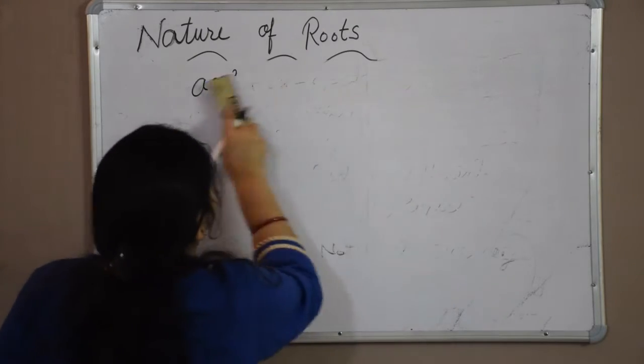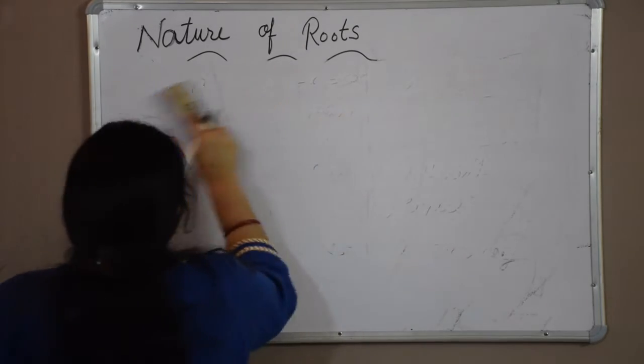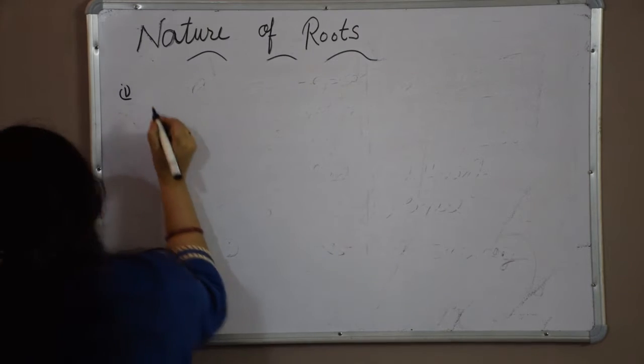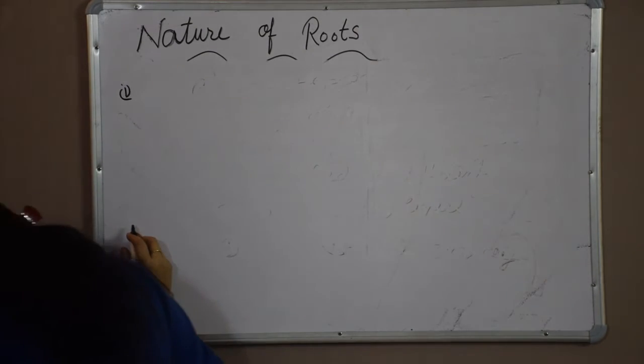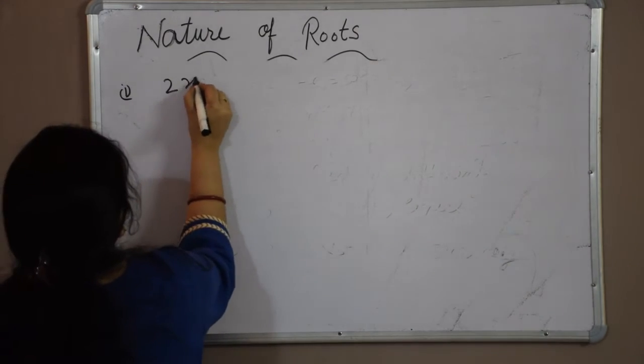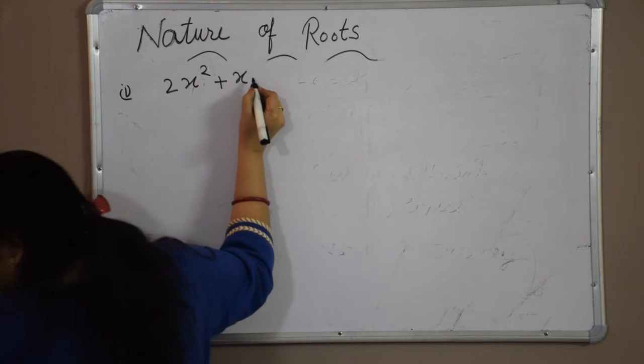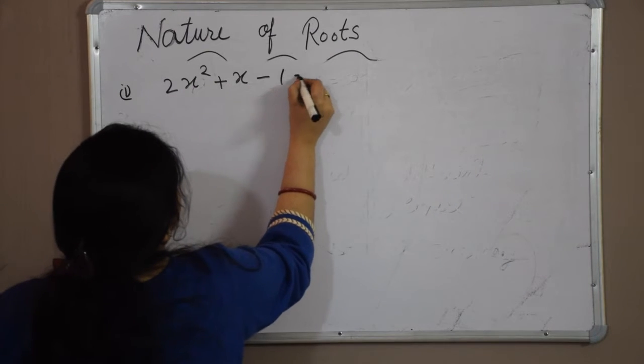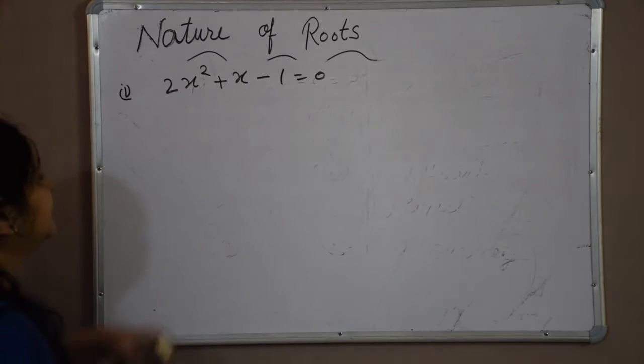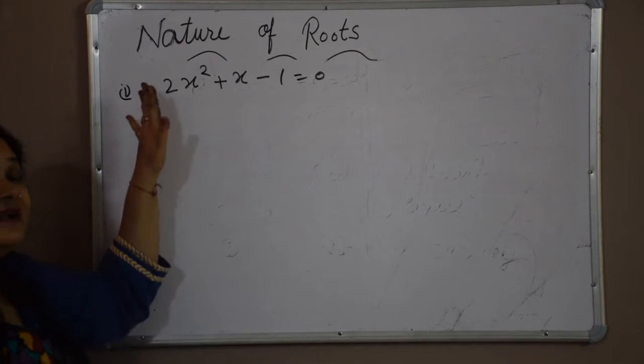Now we will take a few questions. This will make the concept very clear. First one is 2x square plus x minus 1 equal to 0. This is the quadratic equation, and we have to find the nature of the roots.